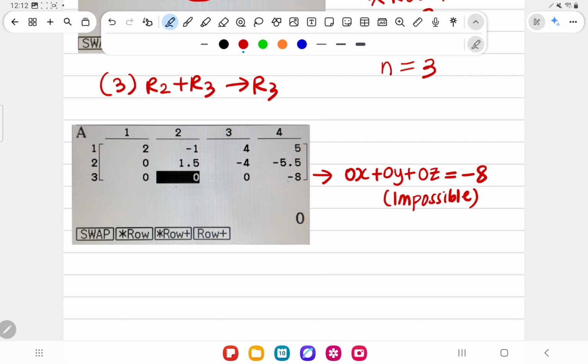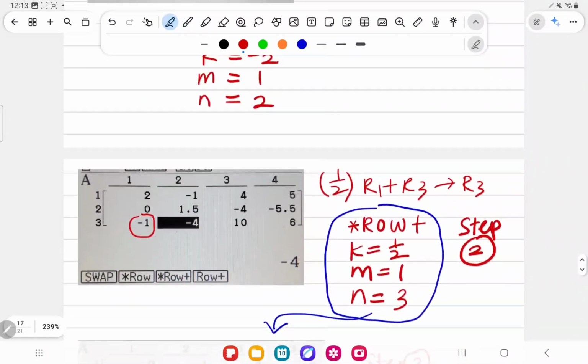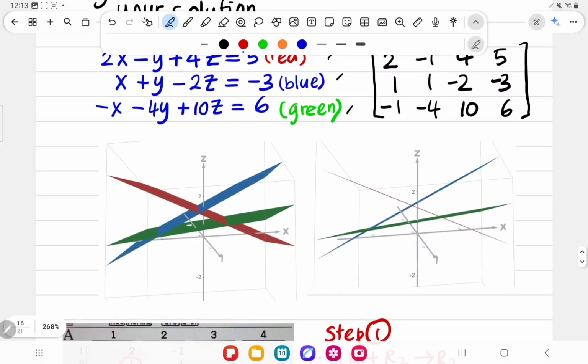So the system has no solution. Let's go back to the plane. Geometrically, this means the red, blue, and green planes do not intersect at a single point.